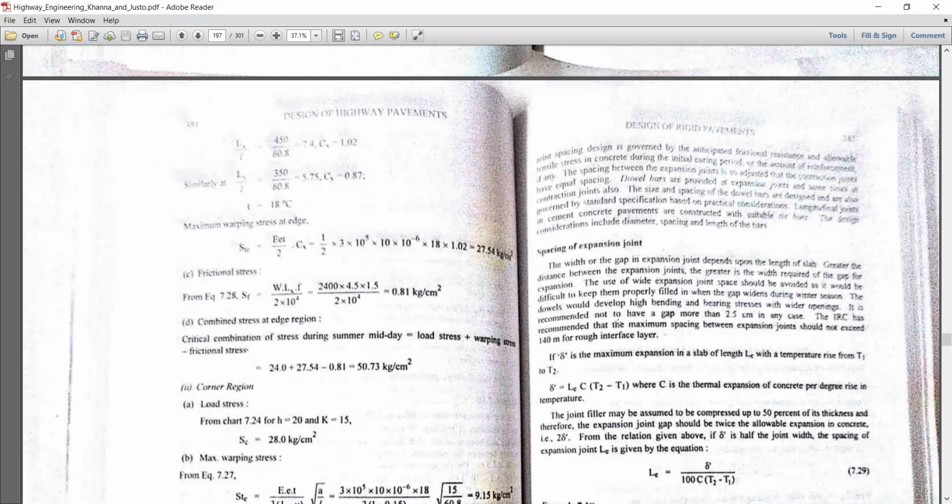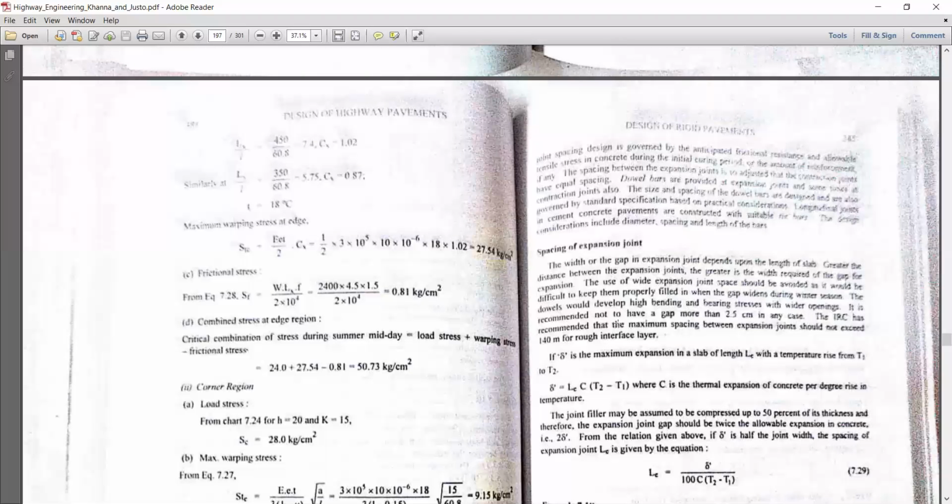In expansion and contraction joints, the dowel bars are provided. Usually, the dowel bars are provided at expansion joints and also contraction joints, based on the requirement. The dowel bars are provided in the transverse direction of the cement concrete pavement, and the tie bars are provided in the longitudinal direction.